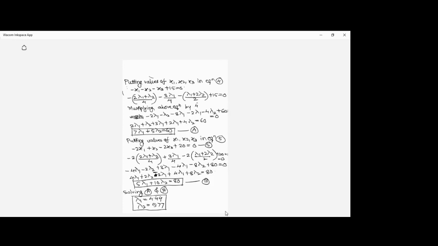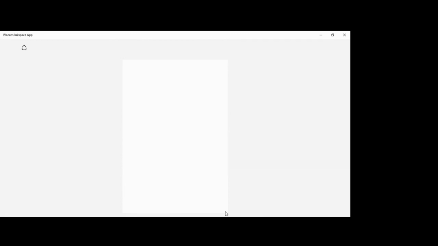We already know what the values of x1 are, right? So x1 is equal to 2 lambda 1 plus lambda 2 upon 4.